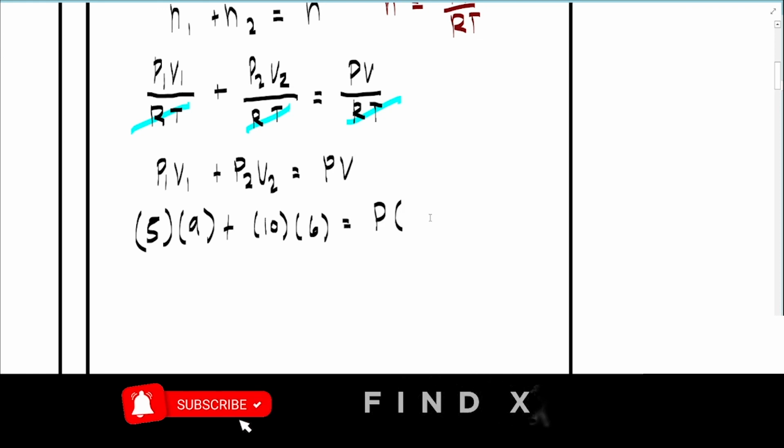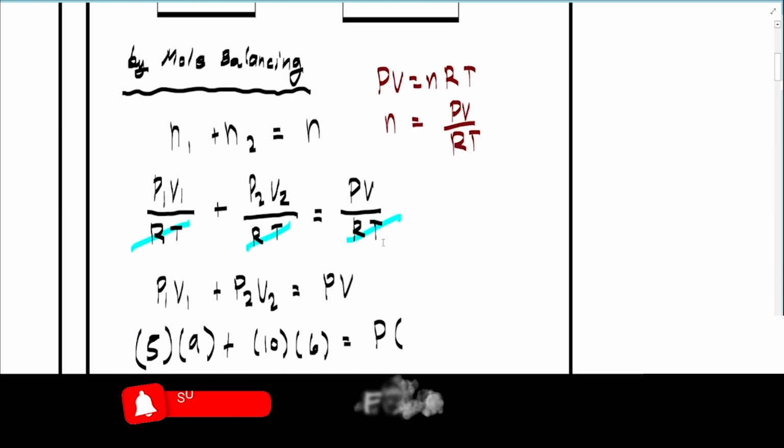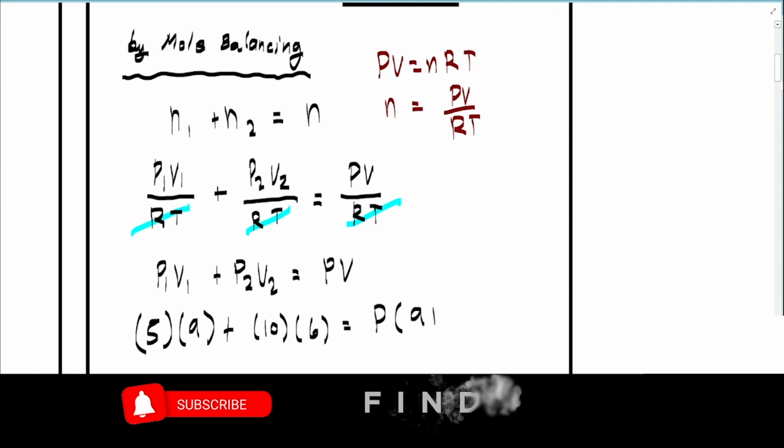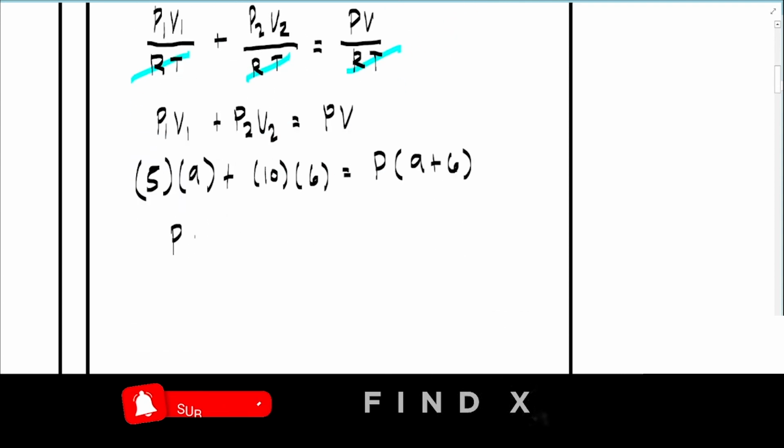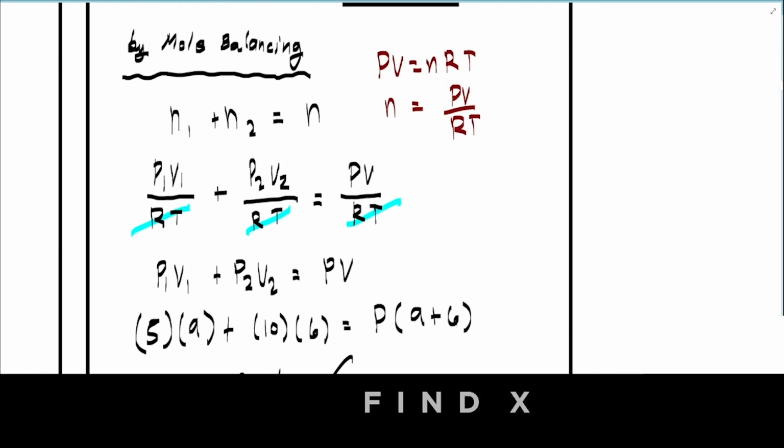So the P is the one that we are looking for, so we'll just leave it at P. And of course the volume, since they are being combined, we can just add the volume, so it will become 9 plus 6. Okay, so 9 plus 6. And then, of course, using your calculator, the one that you will be getting here is around 7 atmosphere. That's it. And let's have the next topic.